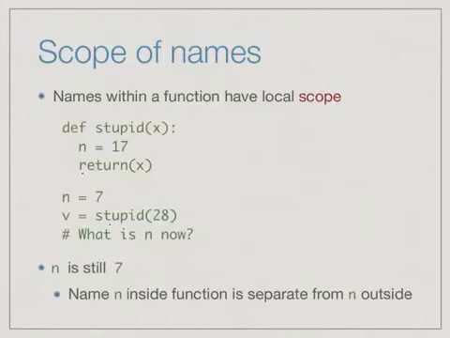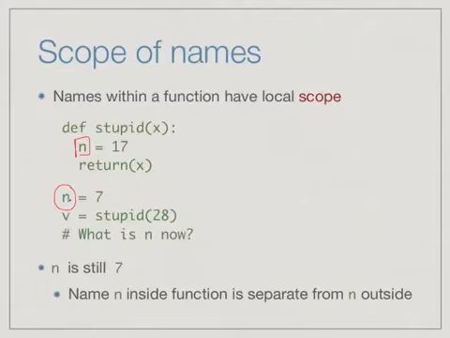That's because the n inside and the n outside are two different copies of n. So any name which is used inside a function is to be thought of as disjoint from the name outside. The names outside are not visible inside, the names inside are not visible outside. Now this is not something that you would normally do because it's just confusing if you use the same name inside and outside.